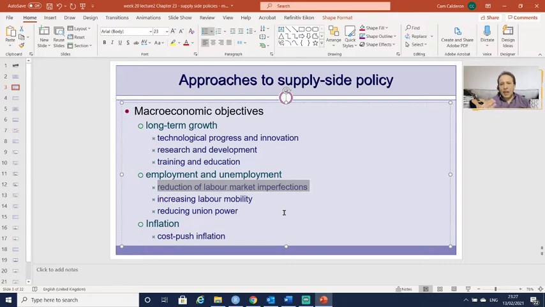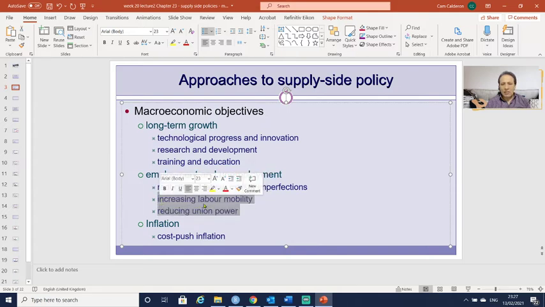That is why sometimes supply side policies include things such as decreasing the power of unions and increasing labor mobility. So we have both of them here.